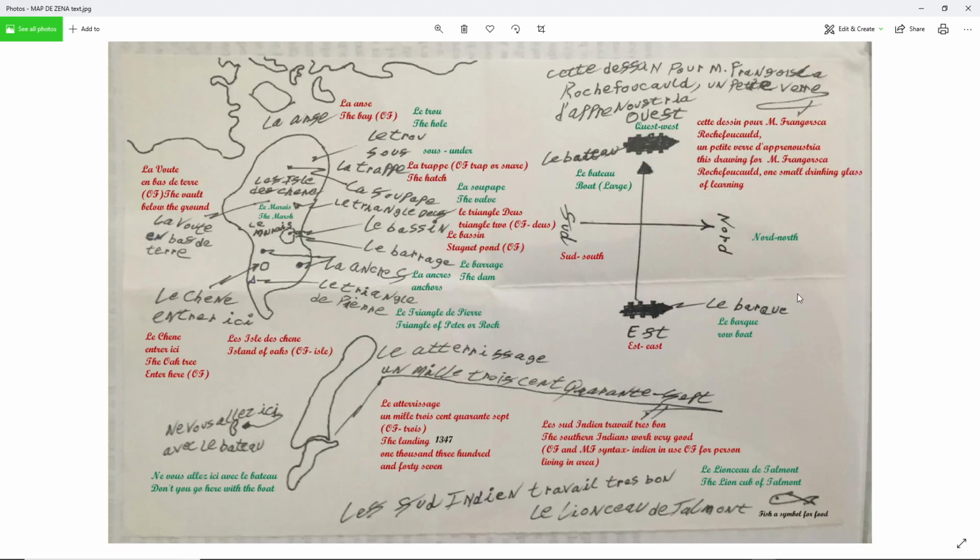So we're going to start with looking at who this little lion of Talmont was. Is he somebody that would have the means and motive to deposit whatever he deposited on Oak Island?